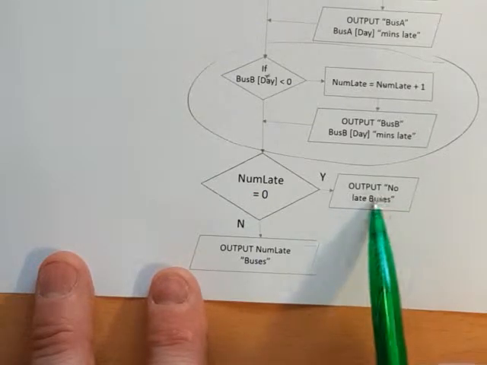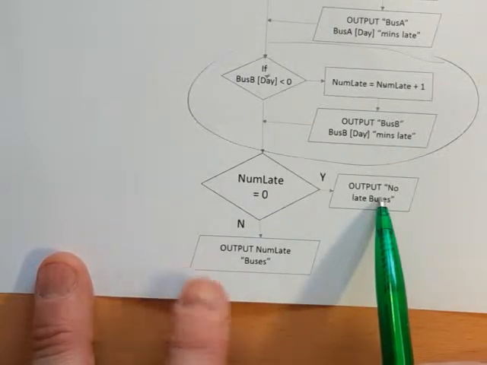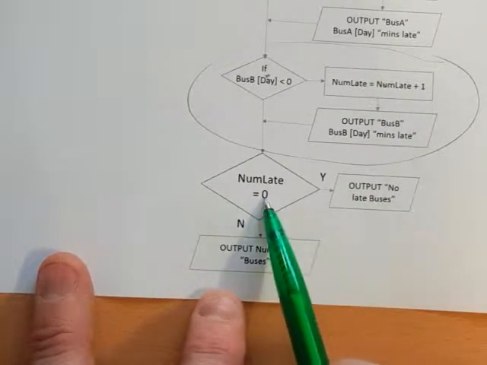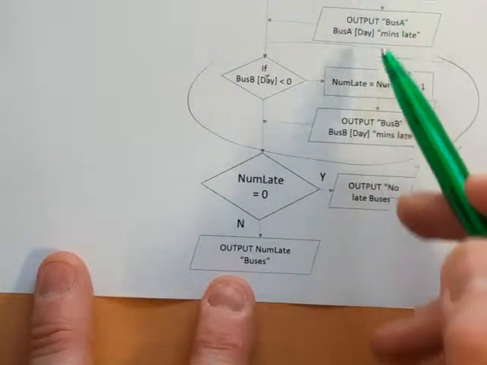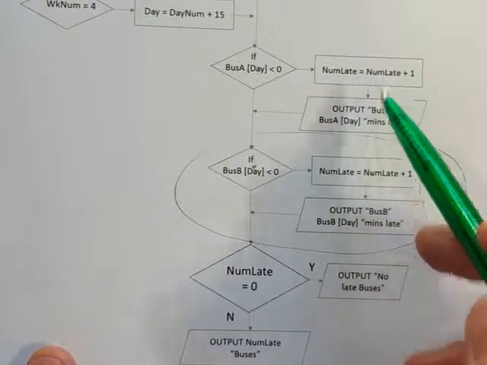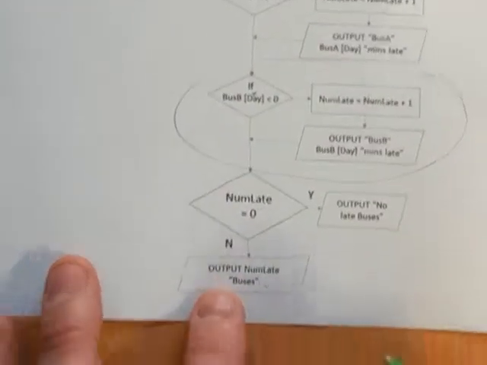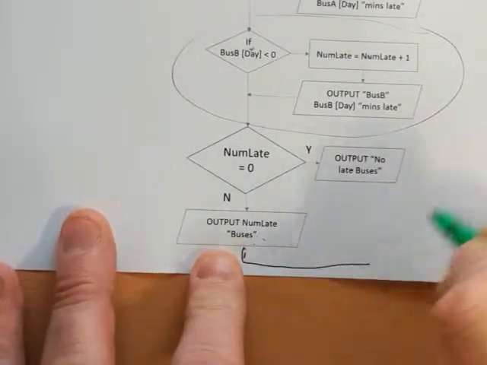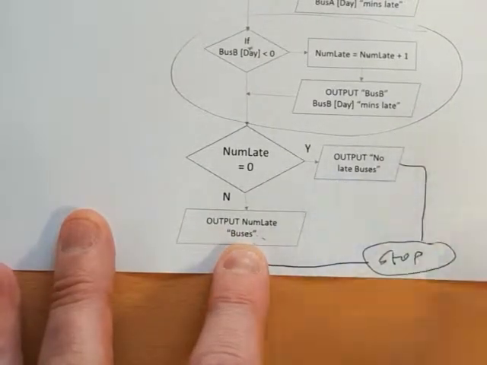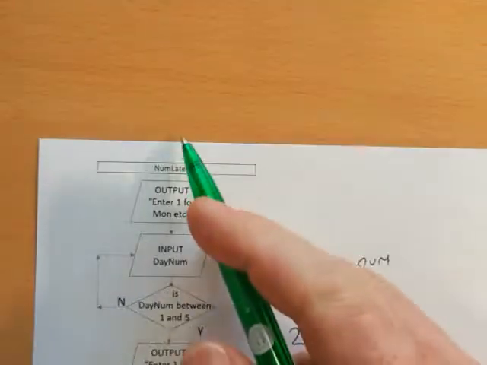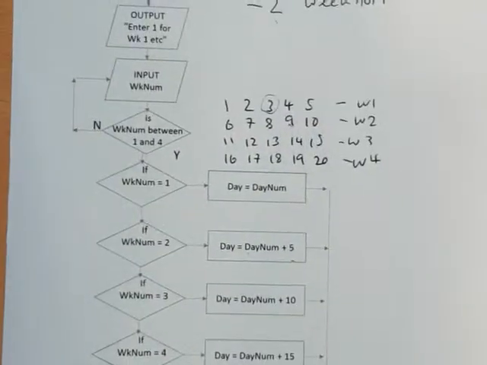Look, there's no late buses on that day. If num late isn't equal to 0, then we'll output however many of these num lates we've added. That will be output here. And again, that could go to a stop there, and I could add a start up here as well.